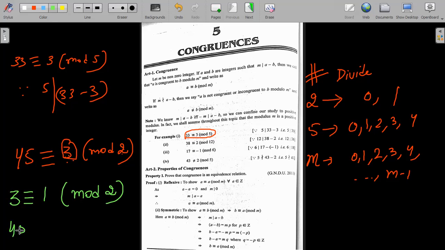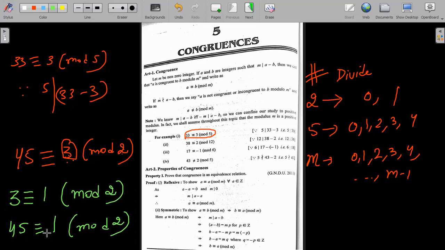And what is the remainder of 45 with 2? 1. So now if you see, 3 is leaving the remainder 1, 45 is also leaving the same remainder 1. So it means, yes, there is some relationship between 3 and 45.